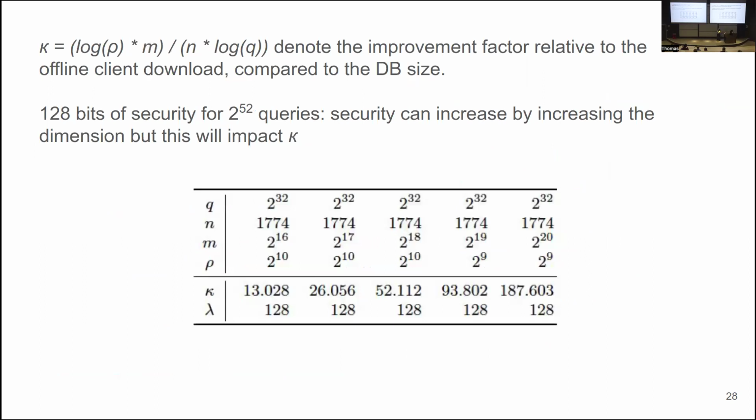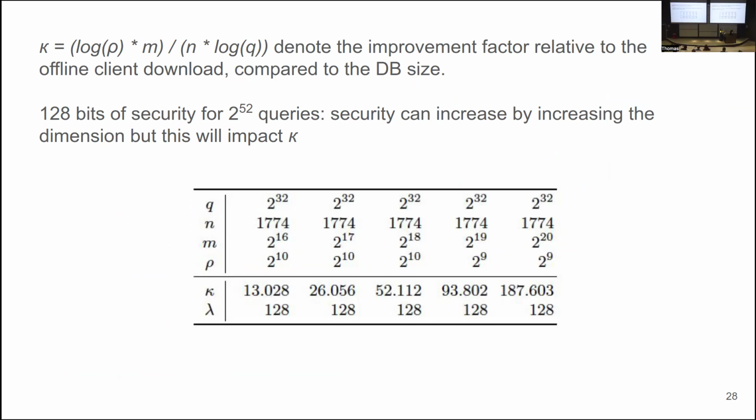Okay, and the specific parameters that we use for this scheme are the ones that we previously defined in some of the previous slides. And we're very conservative, as I told you. So we have a security parameter of 128. We also chose some parameters really conservatively because we wanted to use 32 bits. What you also have on this slide is that we arrive at 128 bits of security for 2 to the 52 queries.